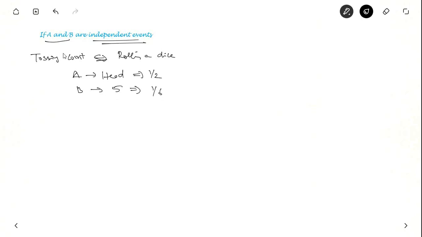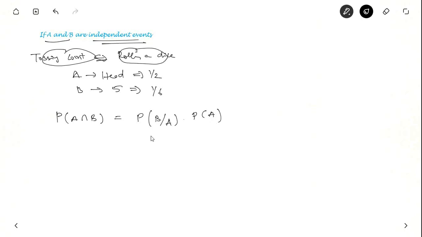Now what is the probability that both these events happen, that is, the probability of A intersection B? According to our formula, the probability of A intersection B will be the probability of B given that A happened into the probability of A, or this can be the probability of A given that B happened into the probability of B. Now we know that these two events are independent.